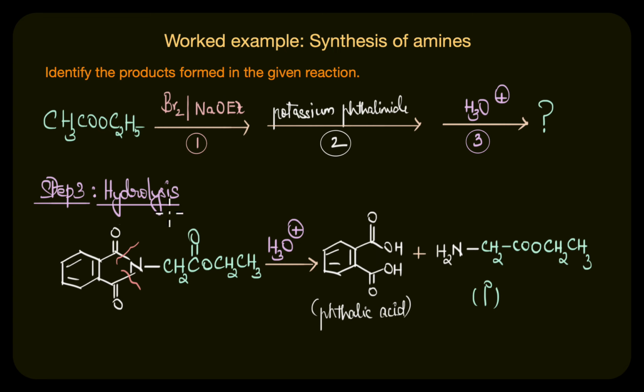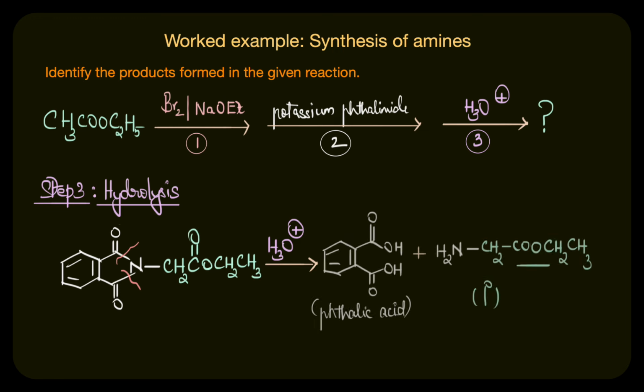What is happening in this reaction? This is an acidic hydrolysis. And what do we have here? We have an ester linkage, right? Esters easily undergo hydrolysis in acidic medium. And what are the products of ester hydrolysis? We get an acid and corresponding alcohol. So in the last step of acidic hydrolysis, along with phthalic acid, a primary amine, because it has an ester linkage, would undergo hydrolysis further.